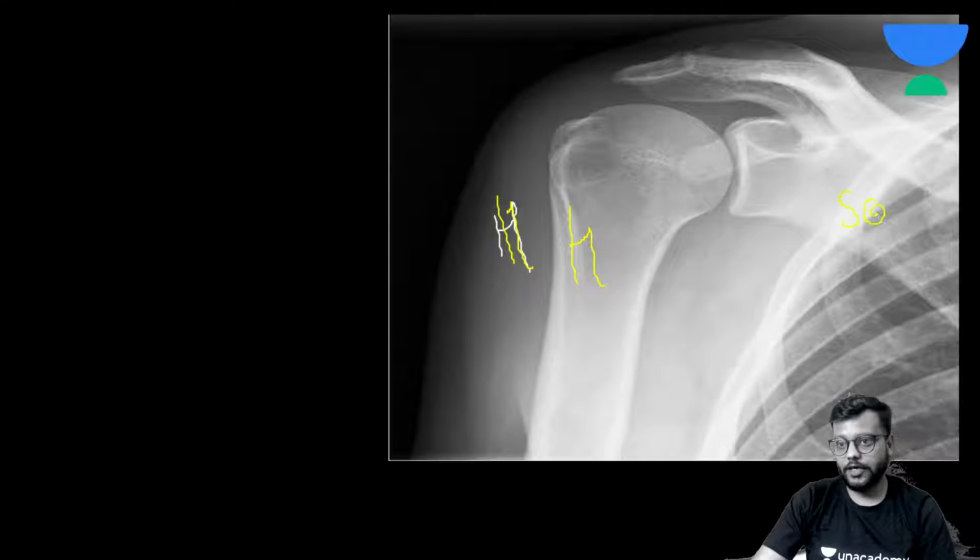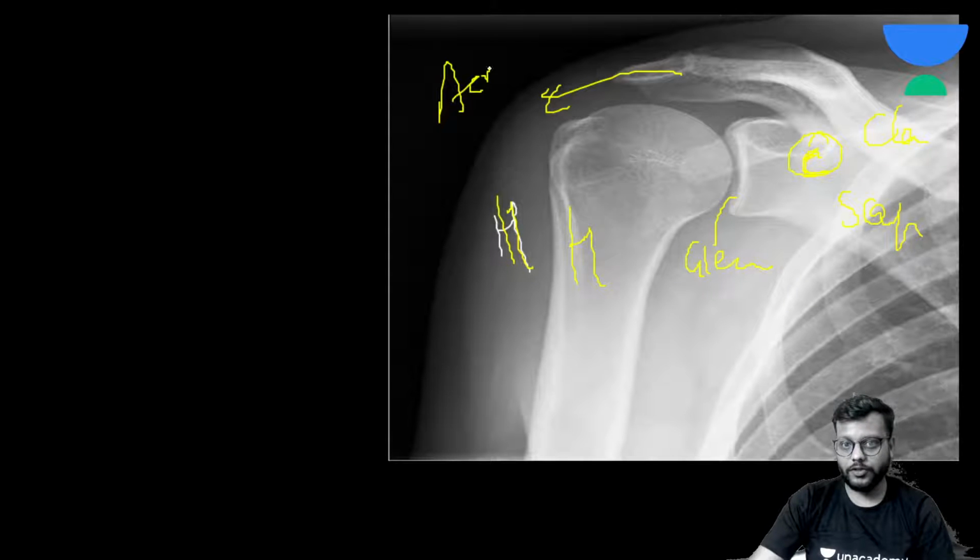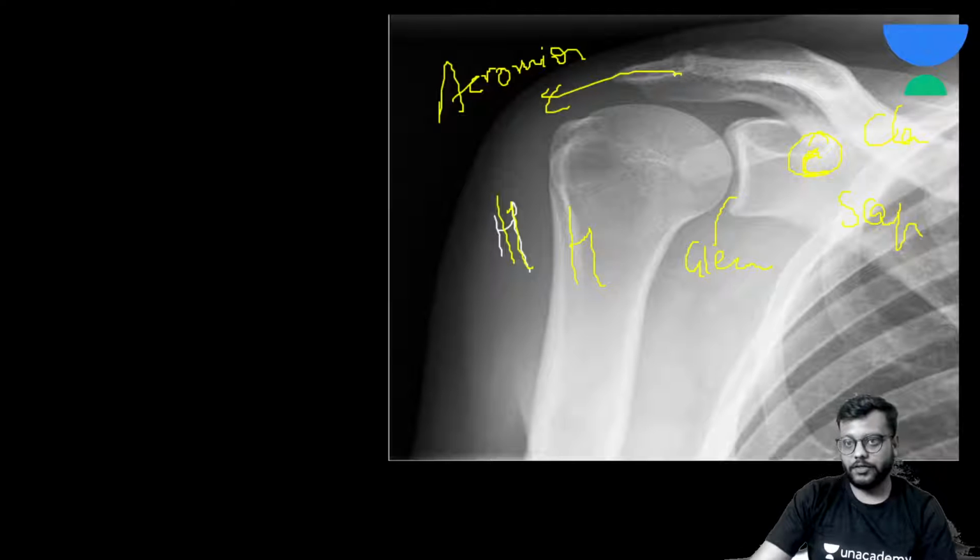This is the scapula, this is the clavicle and scapula, this is the glenoid cavity of the scapula, this is the coracoid process of the scapula, this is the acromion process of the scapula, and here the clavicle attaches with the acromion process, the acromioclavicular joint, and here the acromioclavicular ligaments are also present. Okay, and here we have the coracoacromial ligaments also.